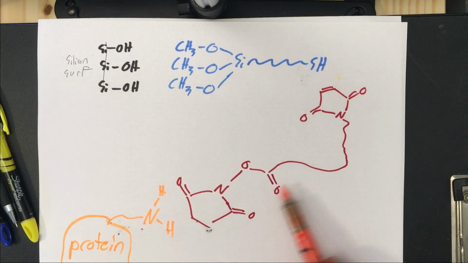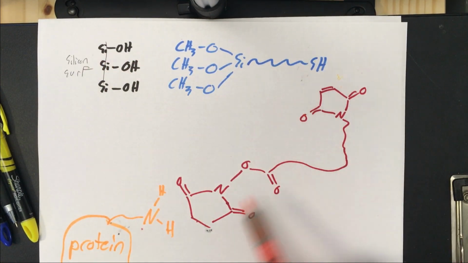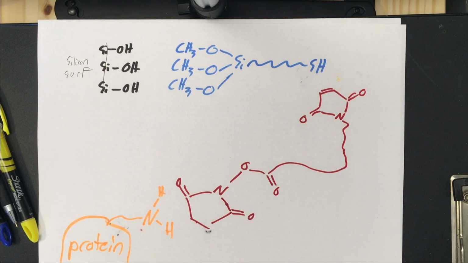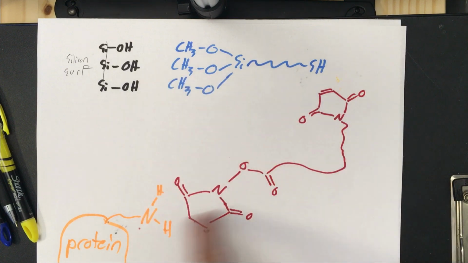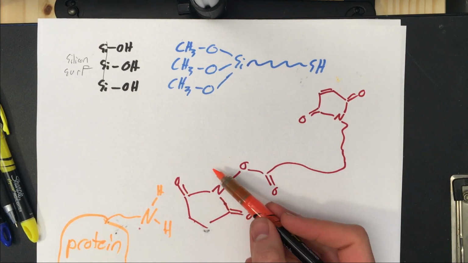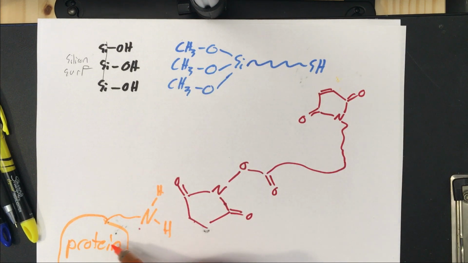So if I just wanted to attach proteins to this surface, I could build up this sequence of events. And if I wanted to be very careful about it, I might want to carefully control the concentrations of these various things. I might want to only put so many on the surface that I don't over-attach to the protein here.